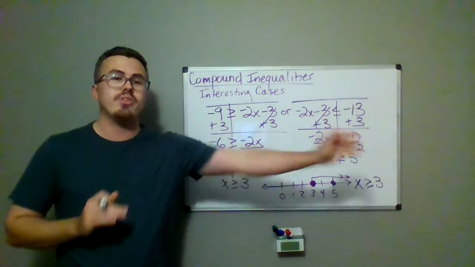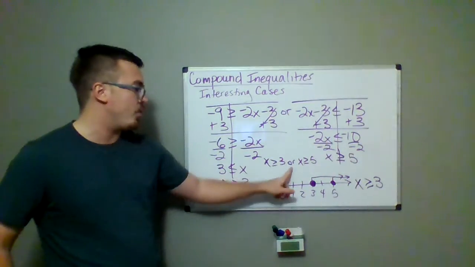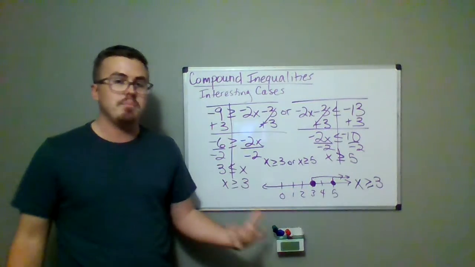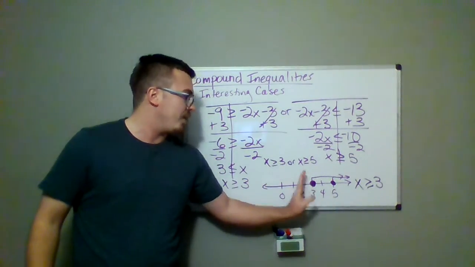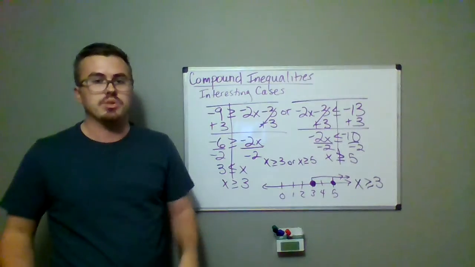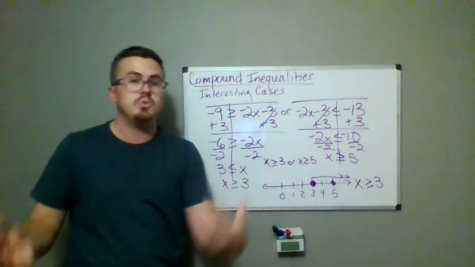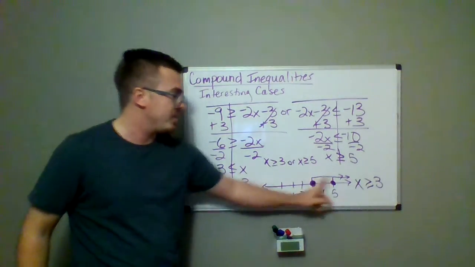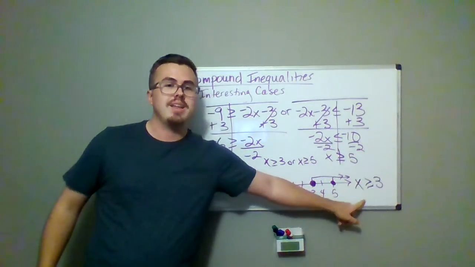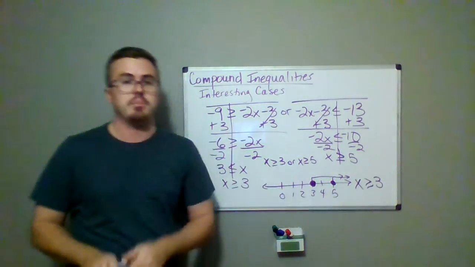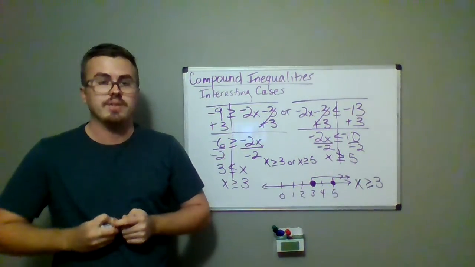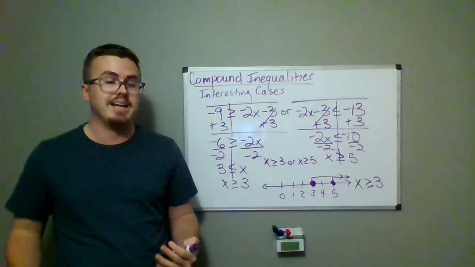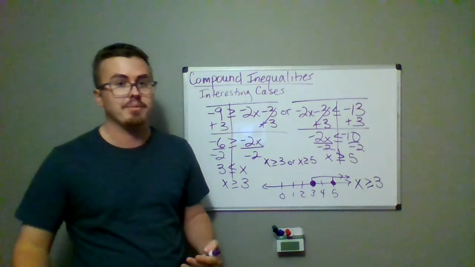So when they're both going the same direction and we have an OR problem, that means that it's going to be whatever the one is that's the biggest, or whichever one consumes the other one. See how this graph consumes this graph? That means that this graph is going to be our final answer. So that's interesting case number 1 when we deal with OR problems.